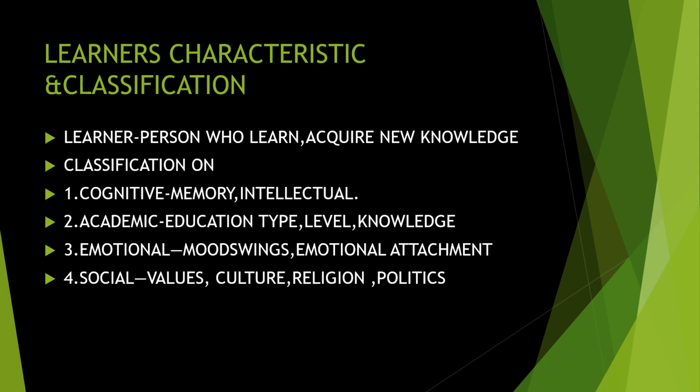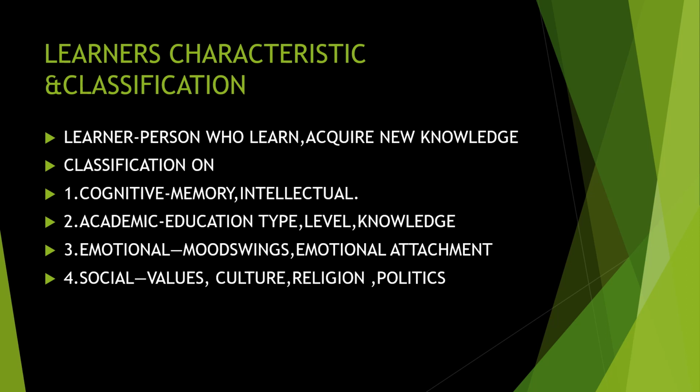Next is the emotional level. Some students have mood swings. They will sit idle in the class, or sometimes they will be very active. Sometimes there are hyperactive people. When you study the psychology of education, you can see different types of characteristics in learners. So mood swings can be seen in students. That is the emotional attachment, which is also a part.